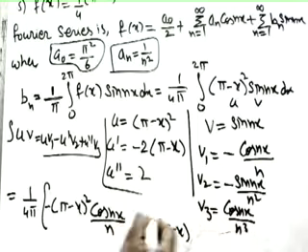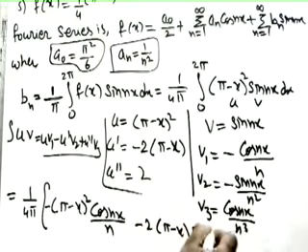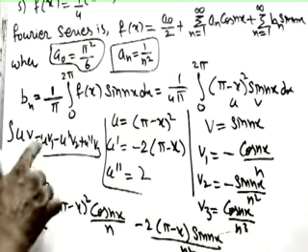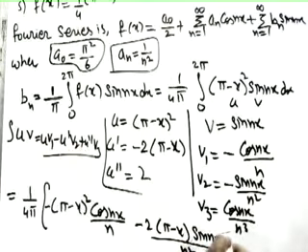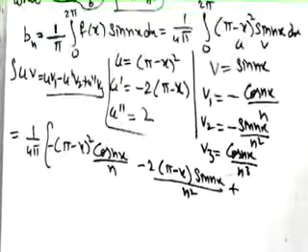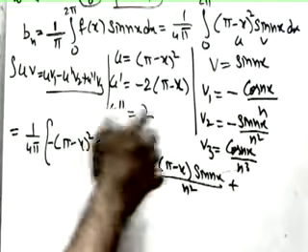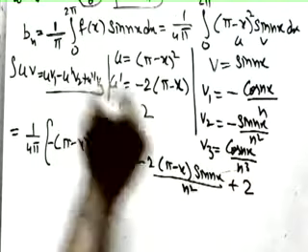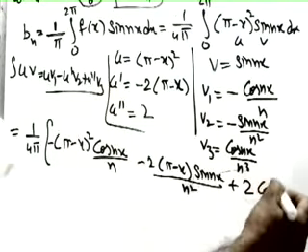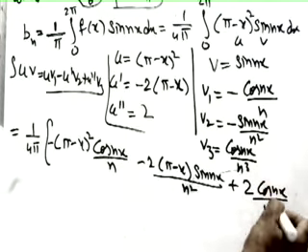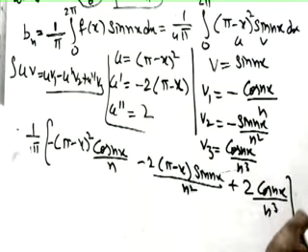V2 is this, again we get minus here, that will be sine nx by n square. The third term is plus u double dash. What is u double dash? We have 2 into v3. V3 is cos nx by n cube.